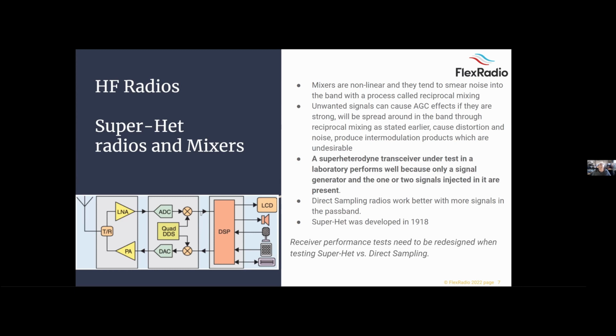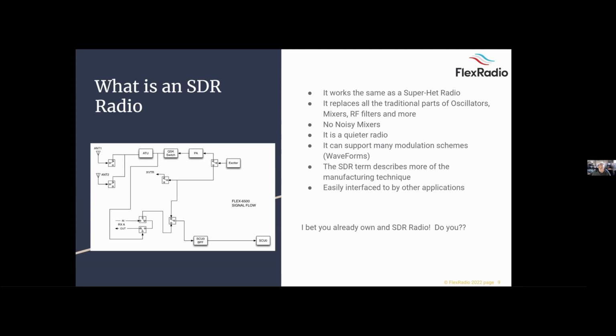Everybody knows that there's additional noise, you can have images, you can have a lot of different things. Direct sampling radios don't have all of that, because everything basically stays in the digital domain from effectively the antenna all the way to where it gets reproduced into audio.